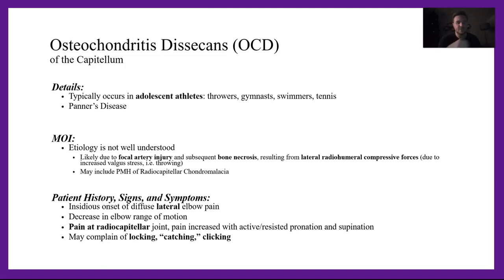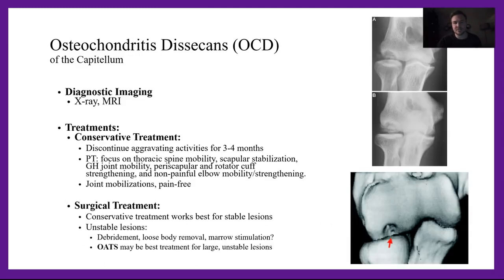So, patient history, signs and symptoms: lateral elbow pain, decrease in elbow range of motion because maybe there are loose bodies now because cartilage has been injured, and locking, catching, clicking.